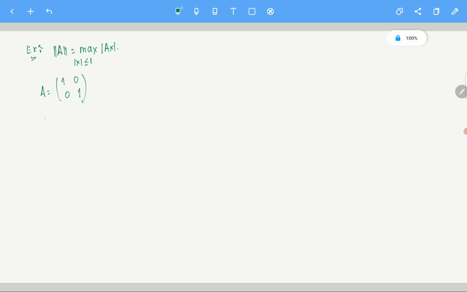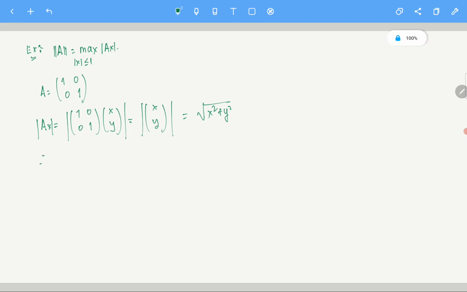Let's look at what the norm of A is. First I have to check what AX is. AX is the identity matrix times the vector (x, y), so that will be given by (x, y). If you take the norm of that, it is given by root of x square plus y square.